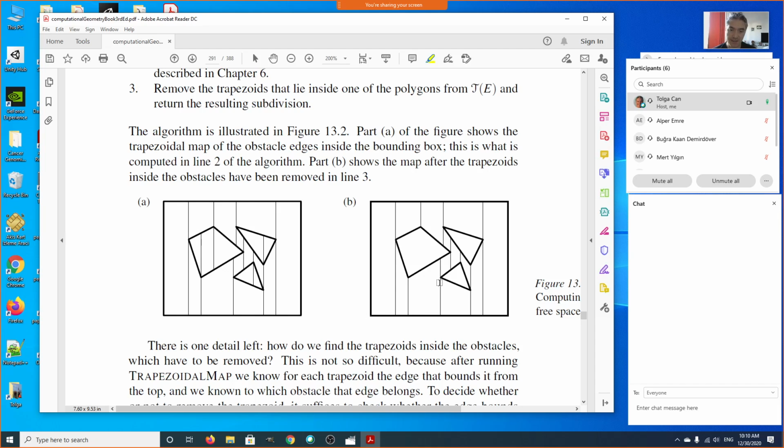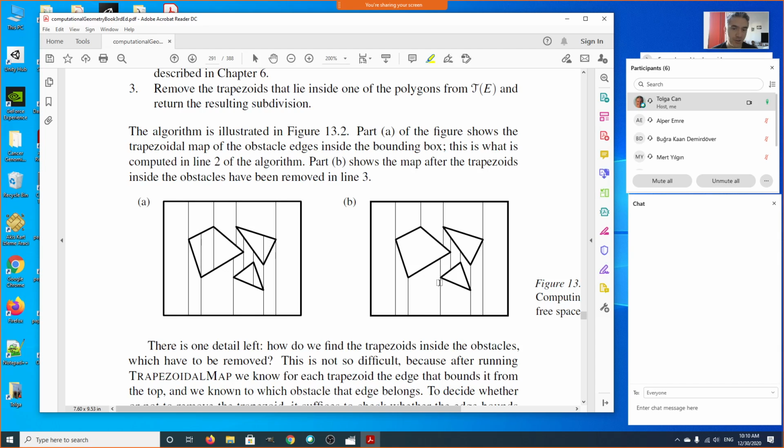Another interesting thing here is that we are going to use this trapezoidal map, but we are not going to use the search structure. If you remember in chapter 6, along with the trapezoidal map, we were building a search structure. That was your third assignment, so you have worked on it recently and you know what that search structure looks like.